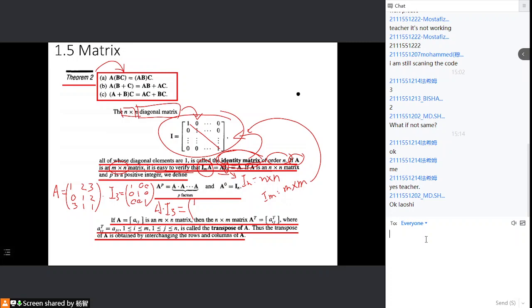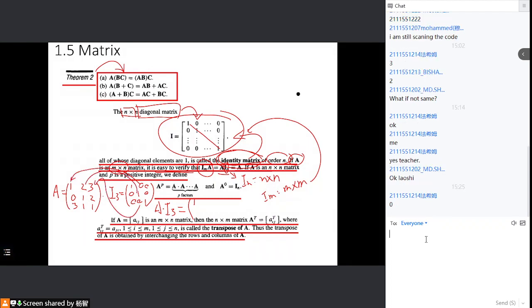And the second element of the first row is what? 0 multiply 1, 0 multiply 3, and 1 multiply 2.